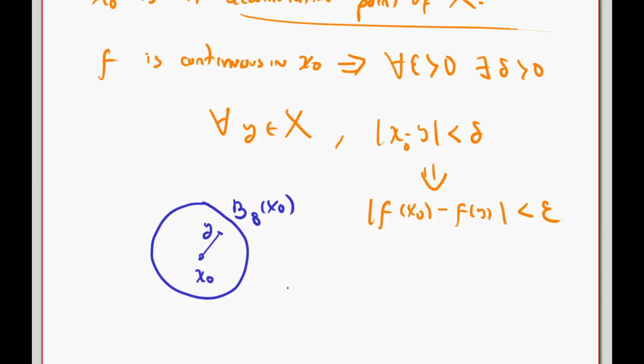So if we take another point here, y hat, what will happen with the distance between these two elements? It will probably be bigger than delta, but if that happens, then we may as well take delta divided by 2.